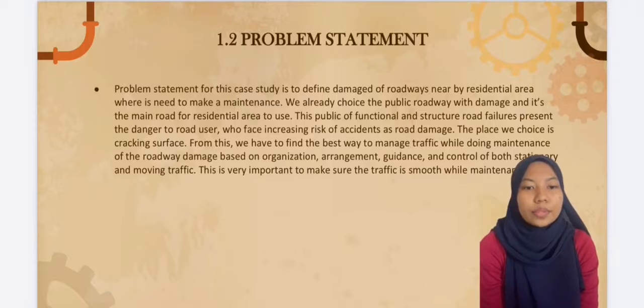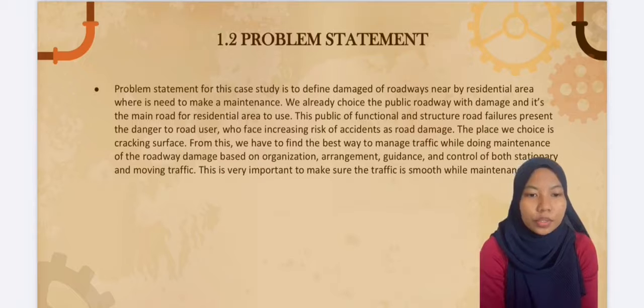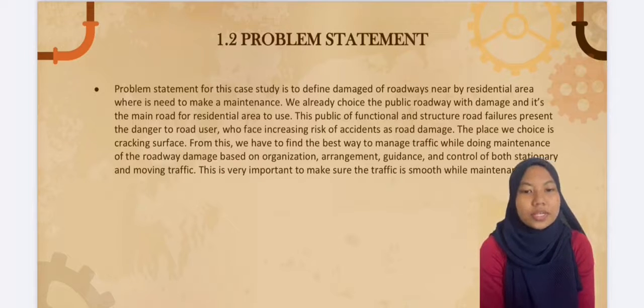Next, I will explain the problem statement. The problem statement for this case study is to define the damage of a roadway nearby a residential area where maintenance is needed. We already chose a public roadway with damage, and it is the main route for the residential area to use.